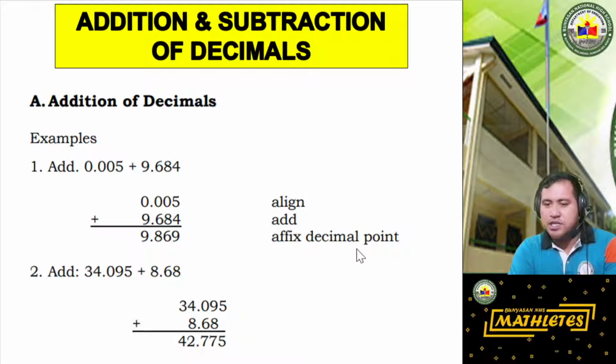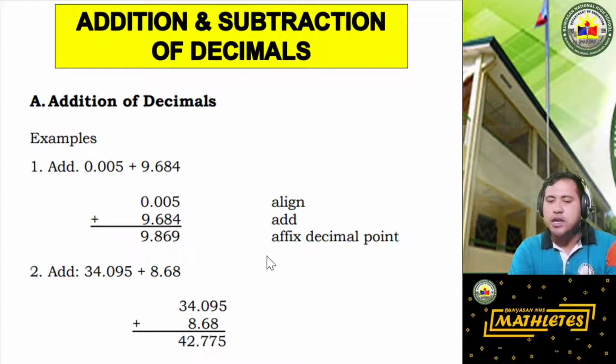That affects the decimal point, so the decimal point must be aligned. The decimal point is placed where the decimal points are aligned. So we have 9.689.